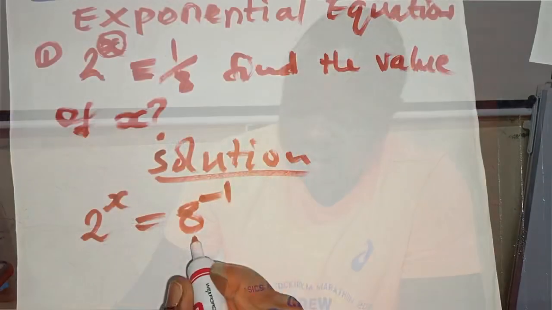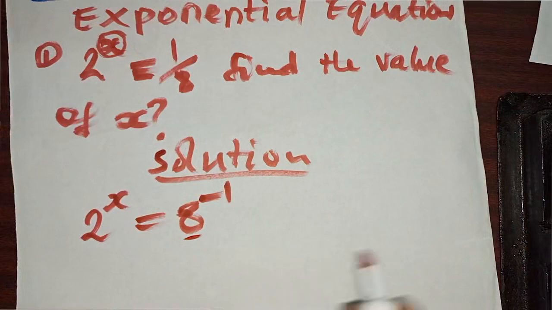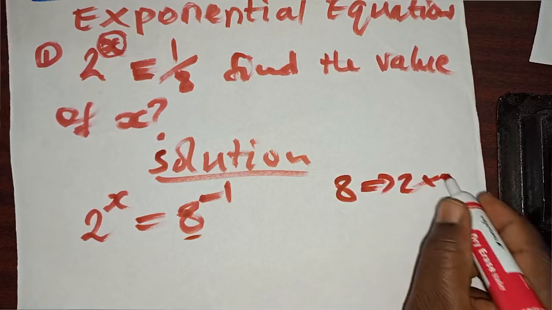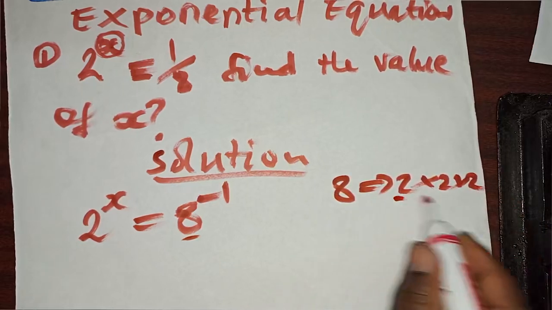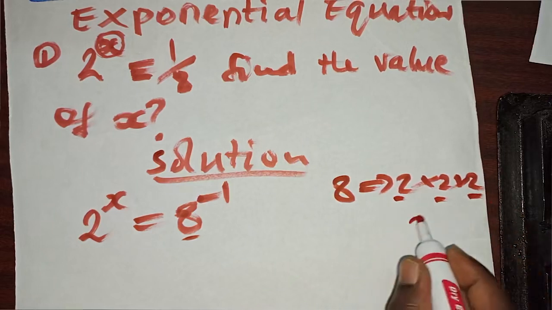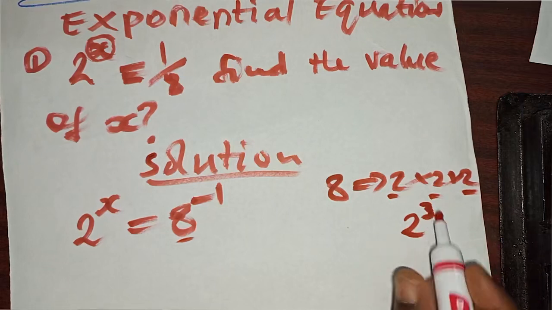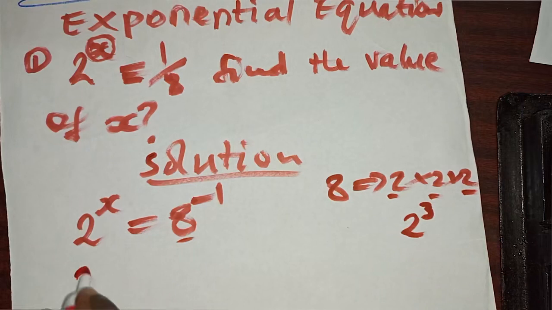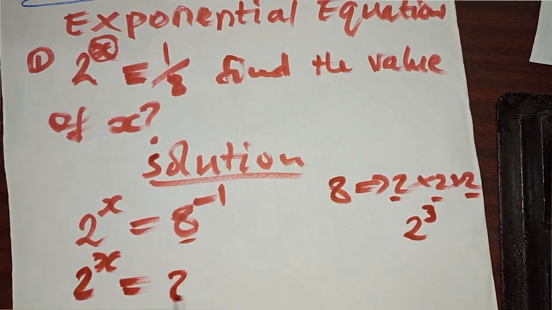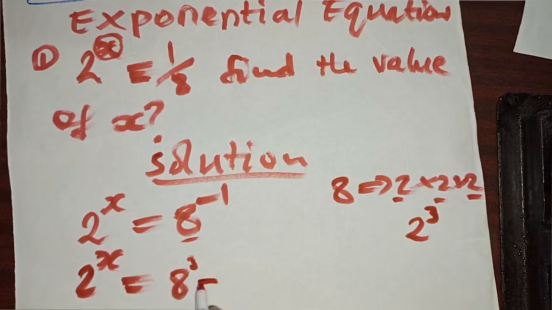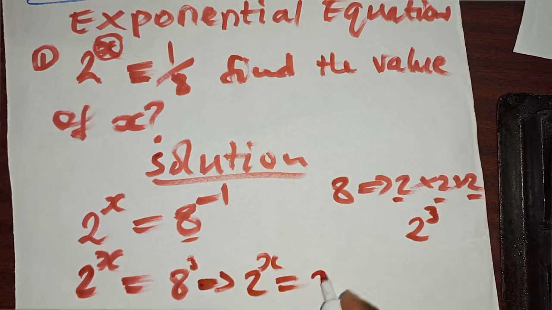Now let us express 8 in index form. 8 can be written as 2 times 2 times 2. How many 2's do we have? 3 of them. So 2 is repeated 3 times, which gives us 2 to the power 3.